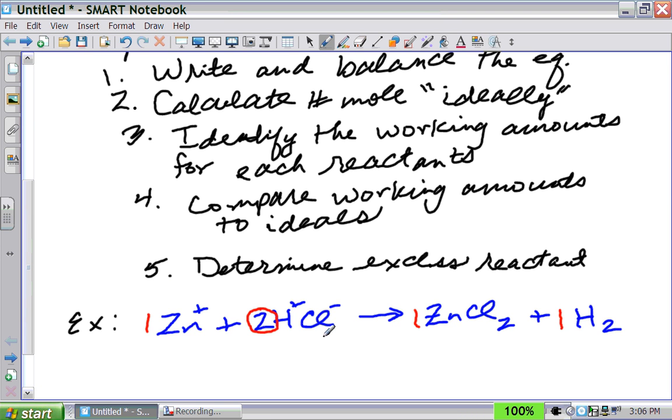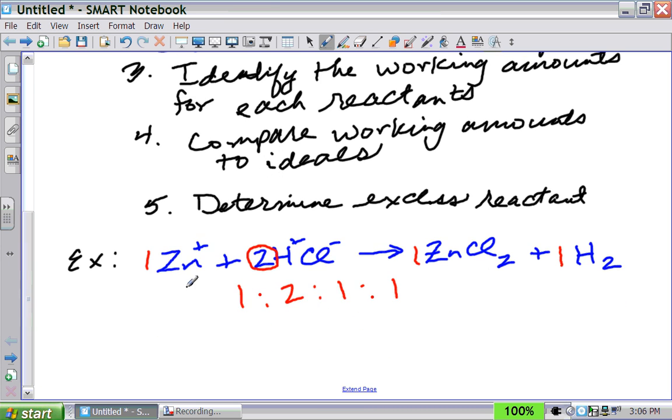That means for every 1 mole of zinc we use, we're going to need 2 moles of hydrochloric acid to react it all. So we have a 1 to 2 to 1 to 1 ratio for this particular reaction.